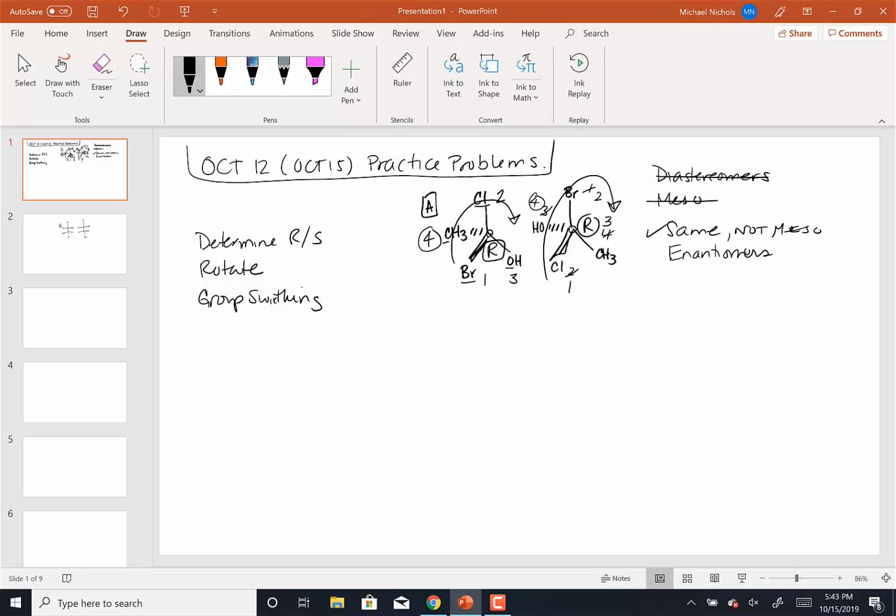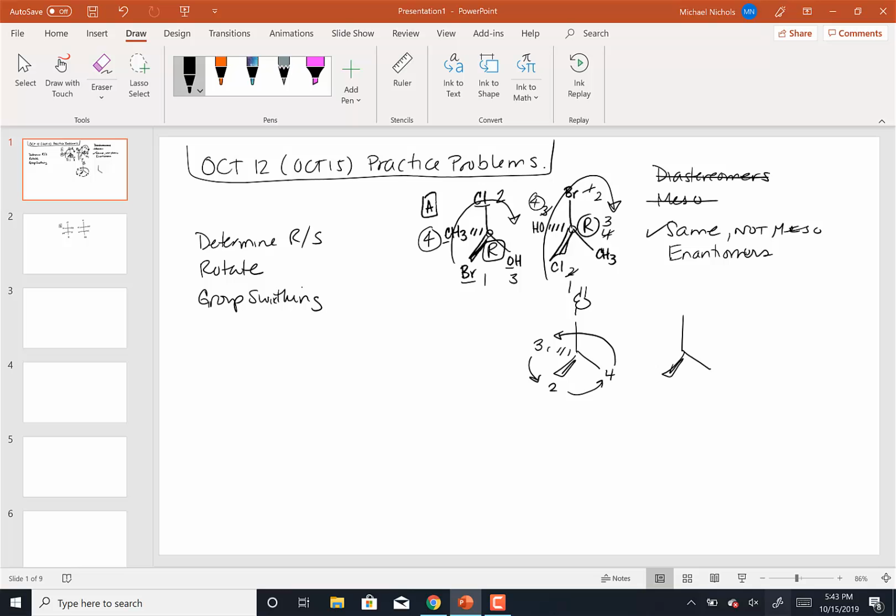This differs from other problems where the molecule is the same meso molecule. For this molecule on the right, if I put the original numbers back, the 4, the 1, the 2, and the 3, I could have said, let me grab number 1, rotate 4 into 3, 3 into 2, 2 into 4.